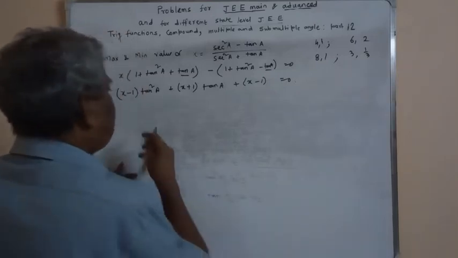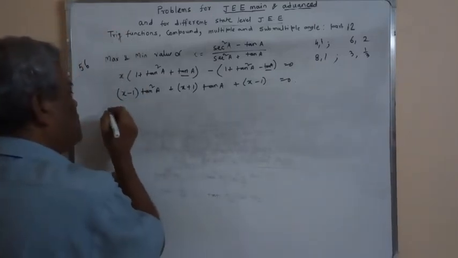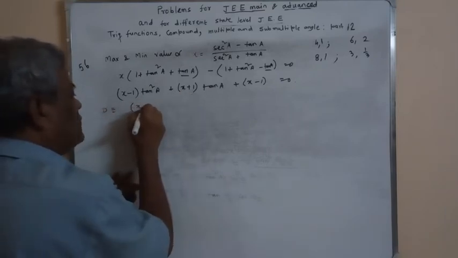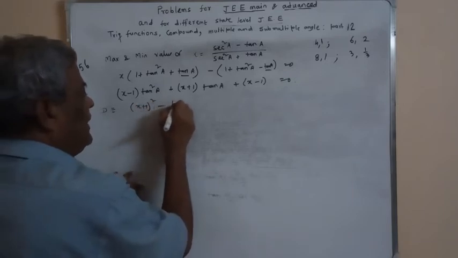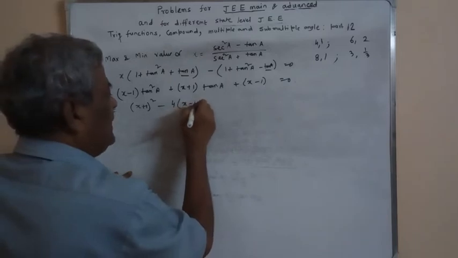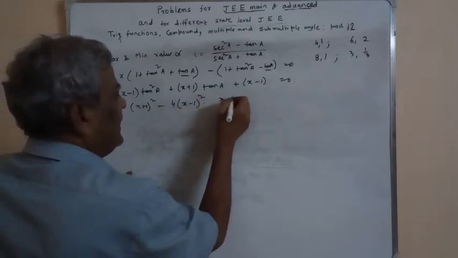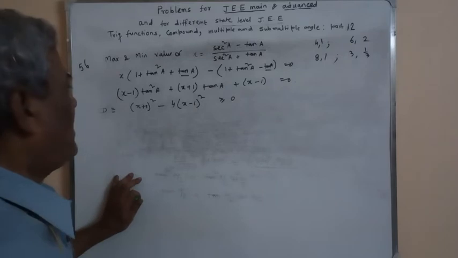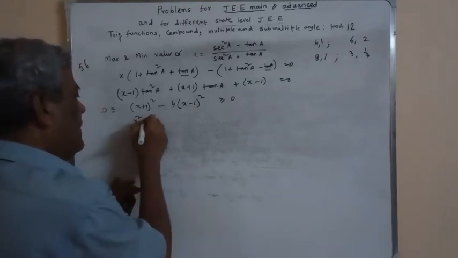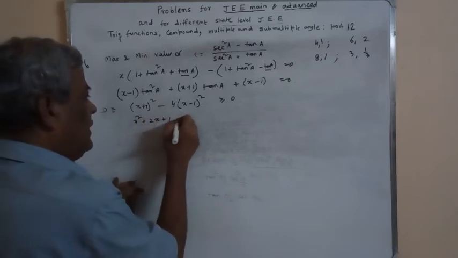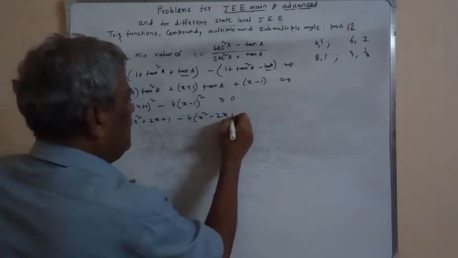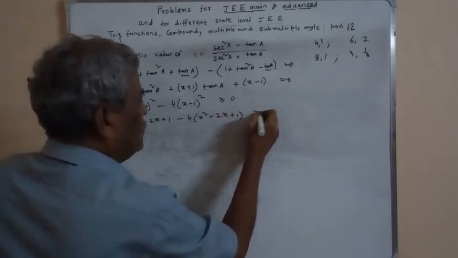So the discriminant, b square, that is x plus 1 whole square minus 4 into x minus 1 whole square, is greater than or equal to 0. That is x square plus 2x plus 1 minus 4 into x square minus 2x plus 1 is greater than or equal to 0.